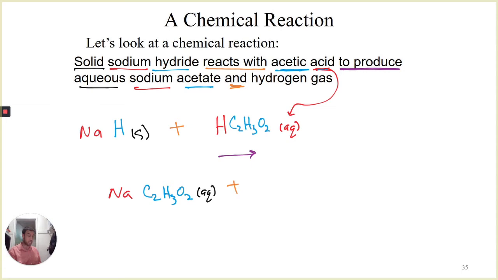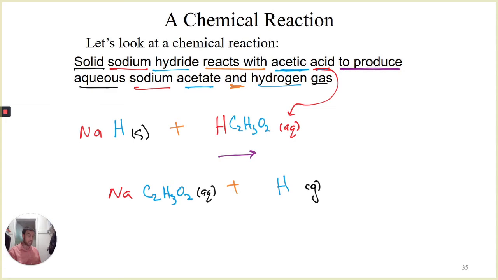And then we get hydrogen gas. I'm not quite sure what color to draw that. So we'll just go with hydrogen and then gas. Oops, get another little color in there. Gas. So there's kind of our assembly of this, if you will.